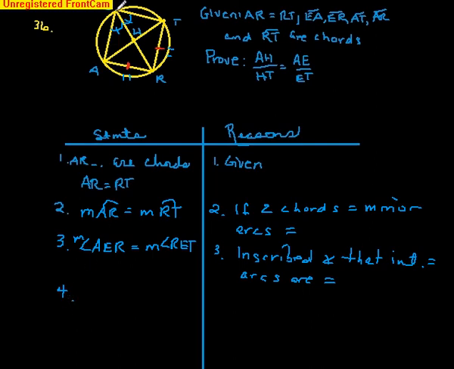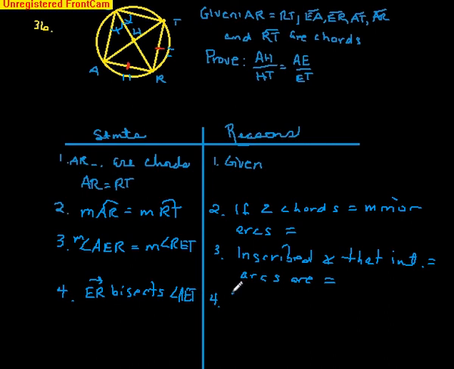Now you can see that this ER bisects angle AET. So we can say on step 4, ER bisects angle AET. And the reason we can say this is because if a ray divides an angle into two equal angles, it bisects it.